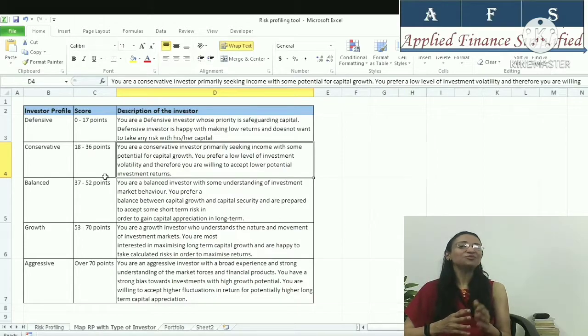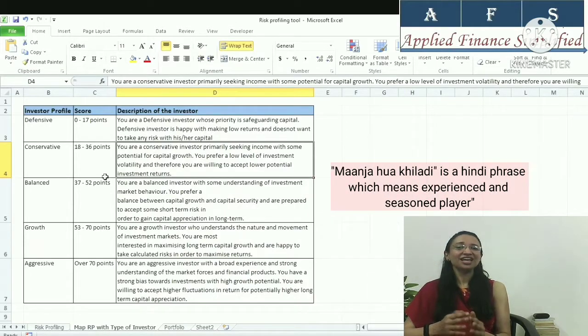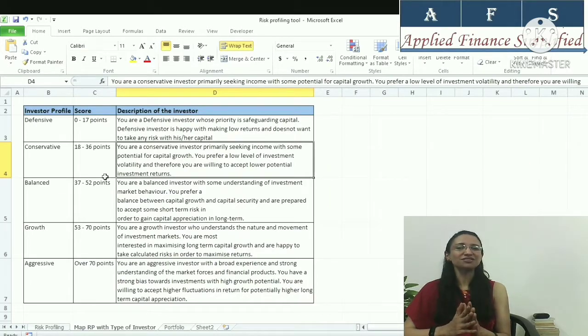The last category is the aggressive investor. You can call him the manja hua khiladi. He understands the market in and out, and he has broad experience and a strong understanding of market forces and financial products. He has a strong bias towards long-term capital appreciation. He is willing to accept a lot of volatility on his returns in the short term for maximizing his profits in the long run.